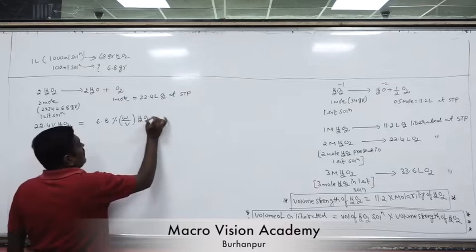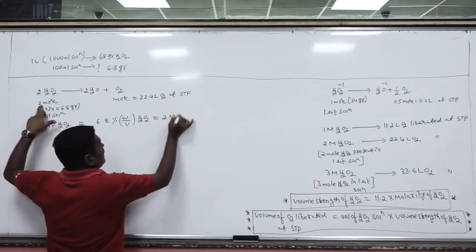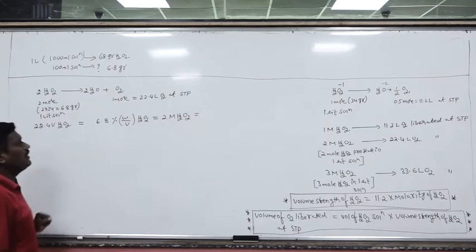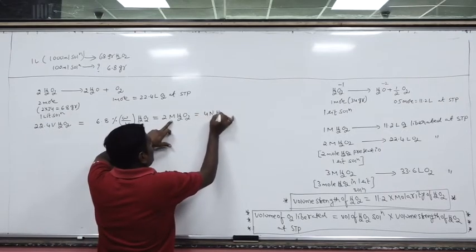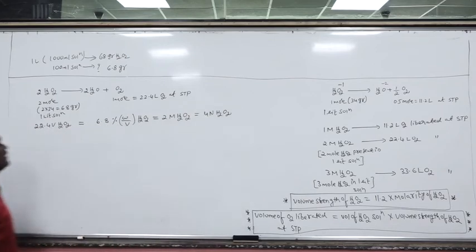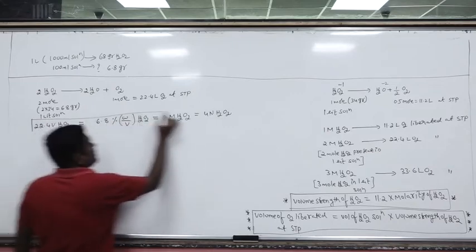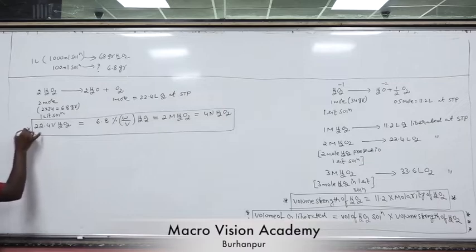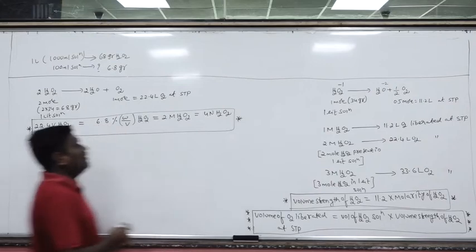What is the molarity here? 2 molar, because 2 moles of solute per liter solution. Okay? Now, normality is double the molarity. If you double the molarity, you will get the normality, because H2O2 N factor is 2. Normality becomes 2 times the molarity. So this is a very important relation between volume strength, weight volume percentage, molarity and normality. If you know this relation, we can calculate all the problems regarding hydrogen peroxide.